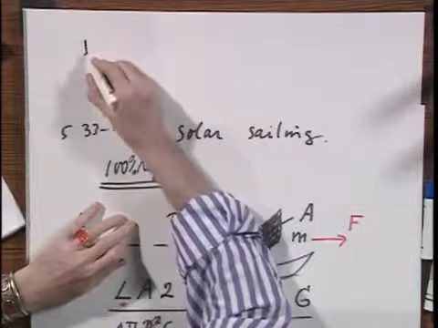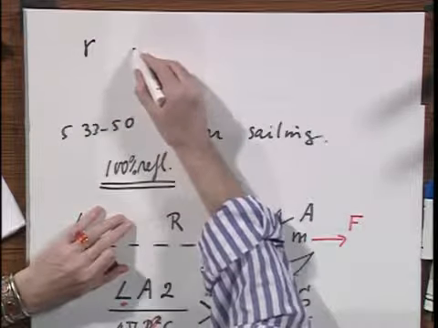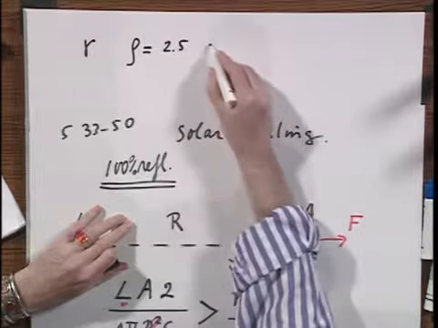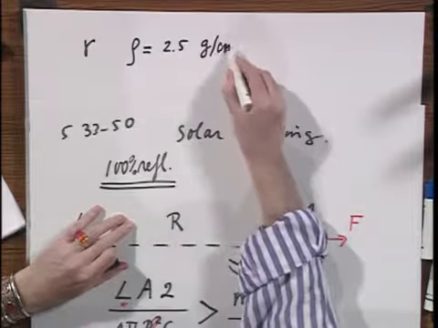Now I want to expand on this a little bit by showing you something cute. If you look at the very fine grains in our solar system, you can show that if they are small enough, they're all blown out of our solar system because of radiation pressure. Let these fine grains have radius r, and let them have a density rho for which you may take 2.5 grams per cubic centimeter.